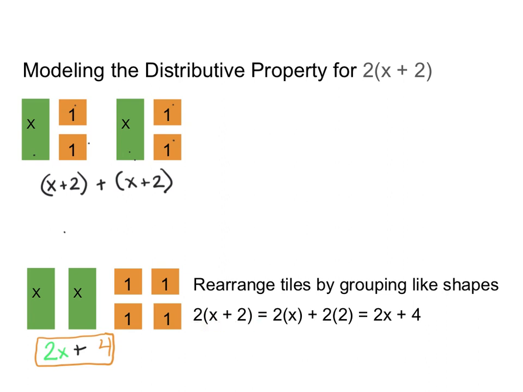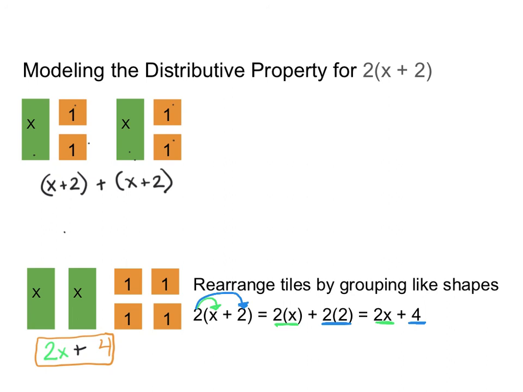Then if you look at it, I can show you that if I multiply this 2 times x, I'll get 2x. And then if I multiply the 2 times the 2, right? Because I have 2 groups of 2, I'll get the 4.